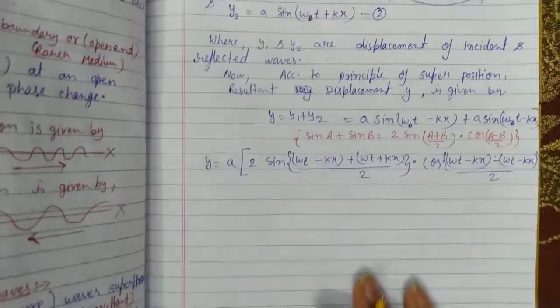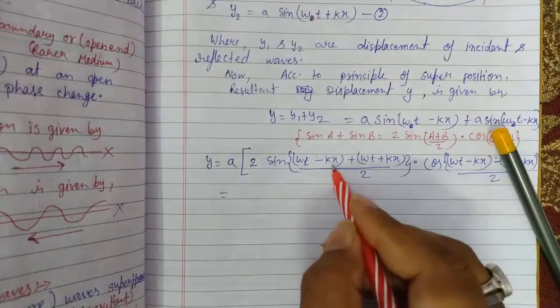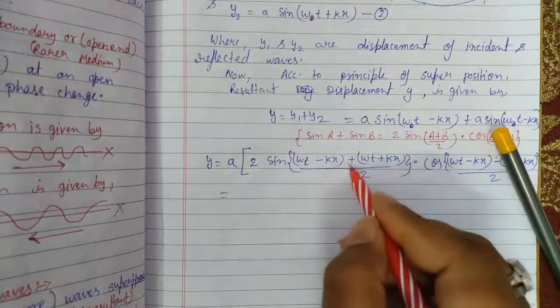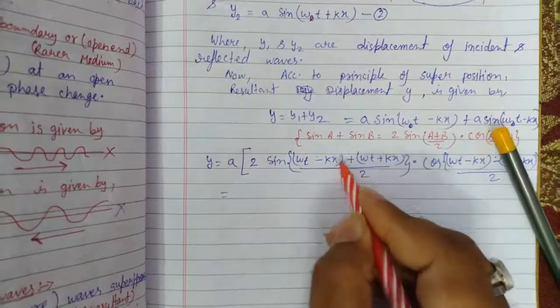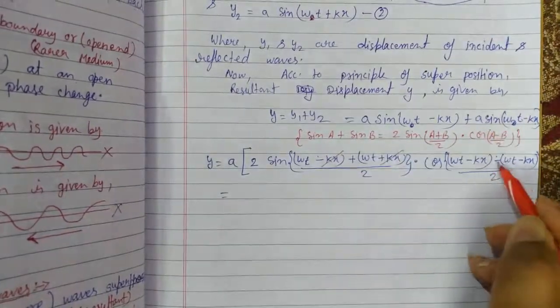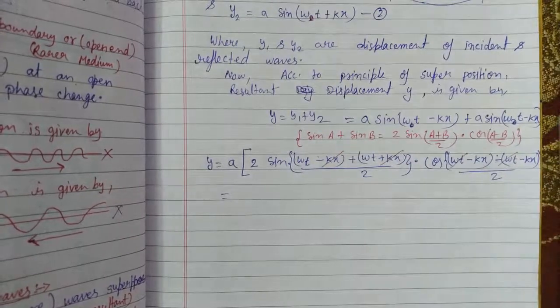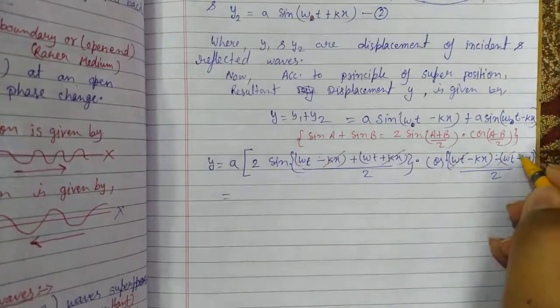Here we observe that minus kx cancels with plus kx, and minus omega t is cancelled by plus omega t.